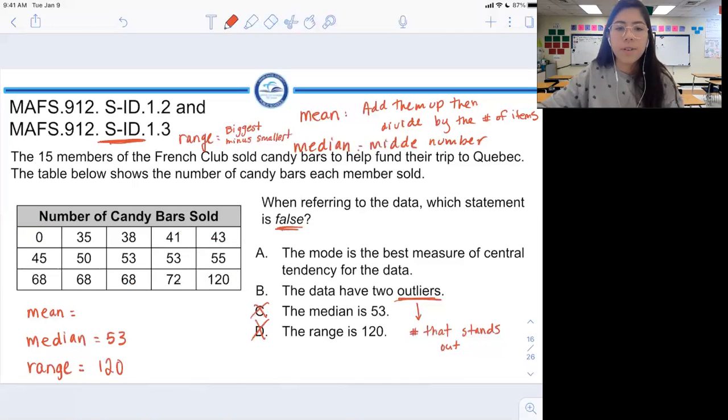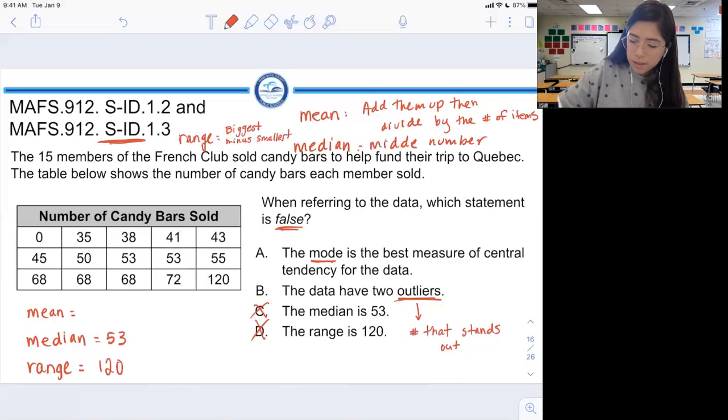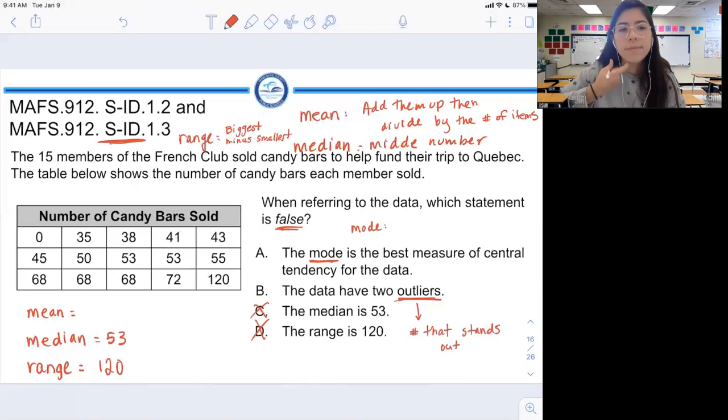However, let's look at the first answer too. The mode is the best measure of central tendency. What is mode? It's the most common value.